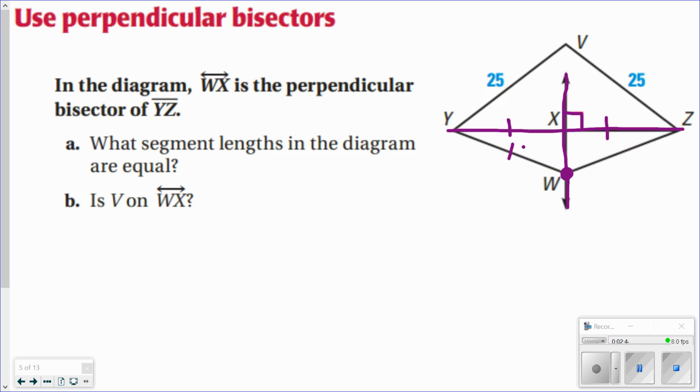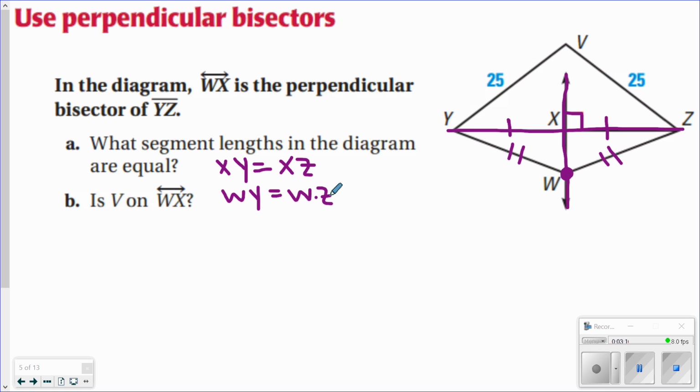So I can make some tick marks here. So right away, I know all of those tick marks are congruent. So I guess I could write this out. XY is equal to XZ, and WY is equal to WZ.